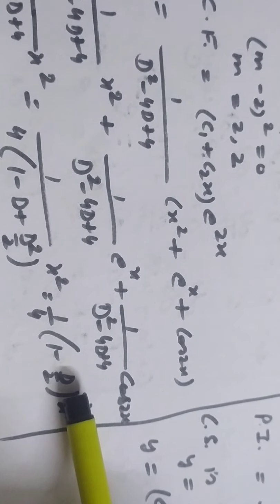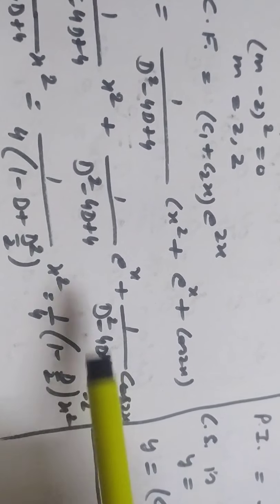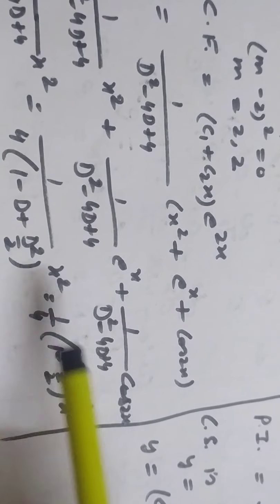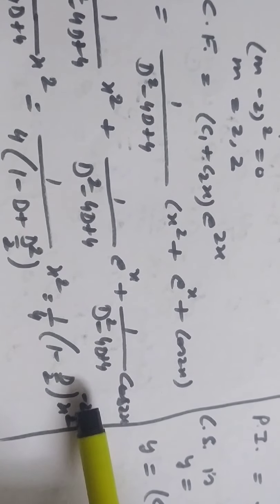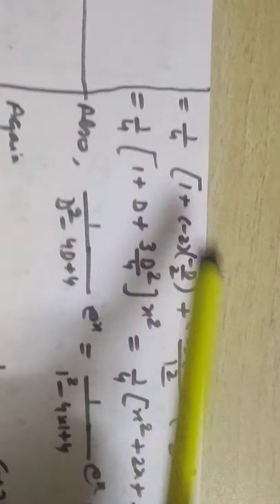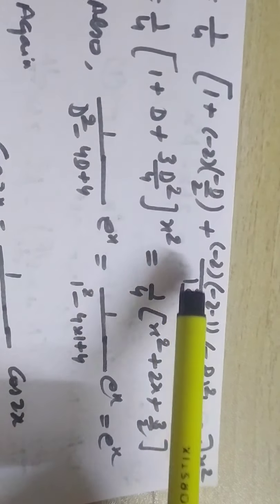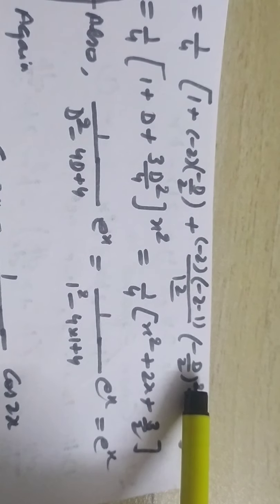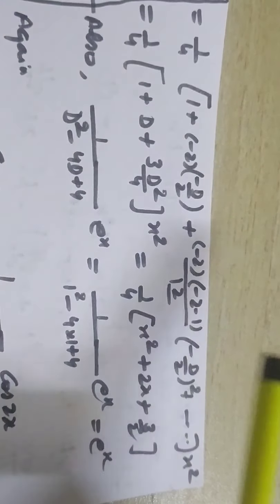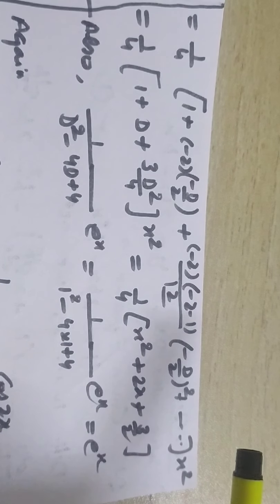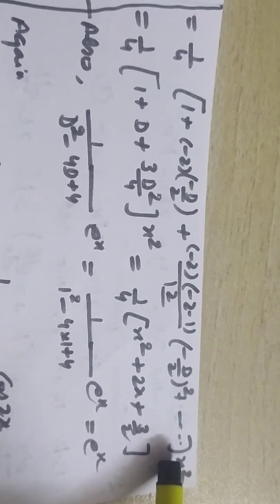This is the procedure to find the particular integral when there is a function in x. 1 over 4, 1 minus d over 2 raised to minus 2. Now you open this using the binomial expansion. I will reject all the terms which contain higher powers of d, that is d cube, d4, etc., because here the expression is x square.